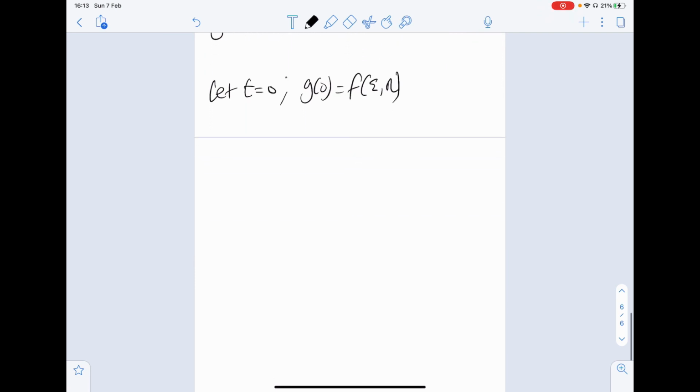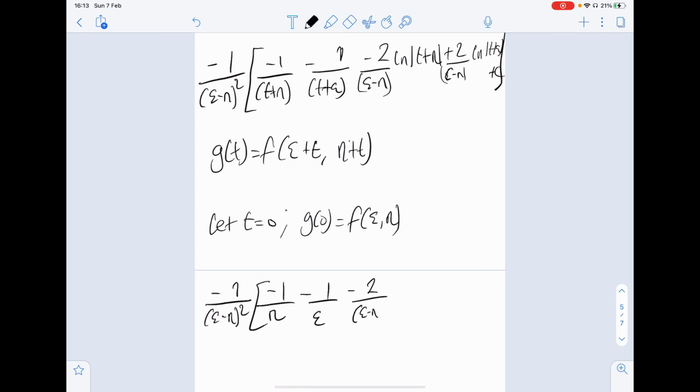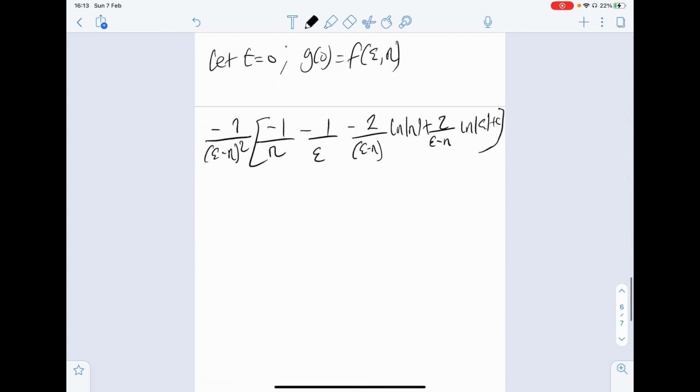So we're going to let t equal 0, and so this turns the equation above into 1 over eta minus 1 over (epsilon minus eta) squared, 1 over eta minus 1 over epsilon minus 2 over (epsilon minus eta) cubed ln eta plus 2 over (epsilon minus eta) cubed ln epsilon plus c. Hoping that makes sense. Hoping that's quite a simple step to follow. And so we can just clean this up.